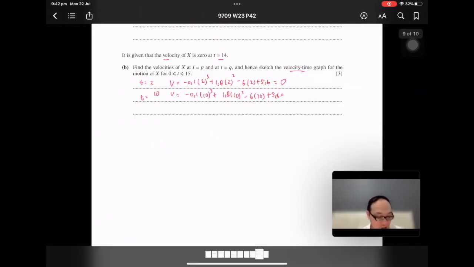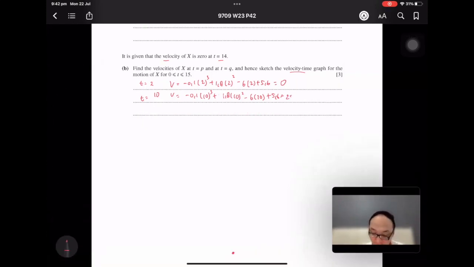So negative 0.1 times 1000 plus 1.8 times 100 minus 60 plus 5.6 equals 25.6. And when t equals 14, v equals 0.